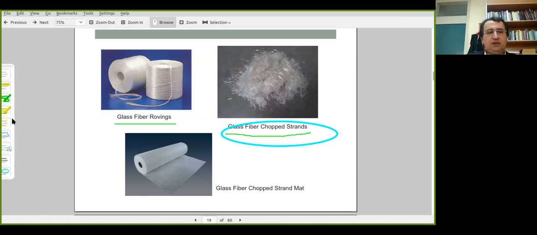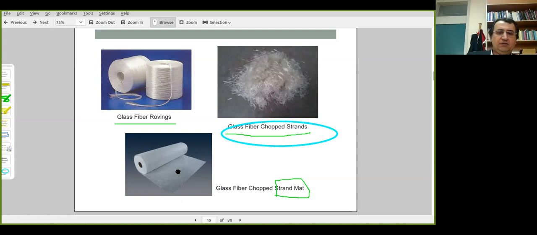Another unwoven type is referred to as a mat. This is known as a mat form. Chopped strands are used to produce chopped strand mats. These chopped strands are mixed with a resin type of material, and then they are spread in a two-dimensional fashion.